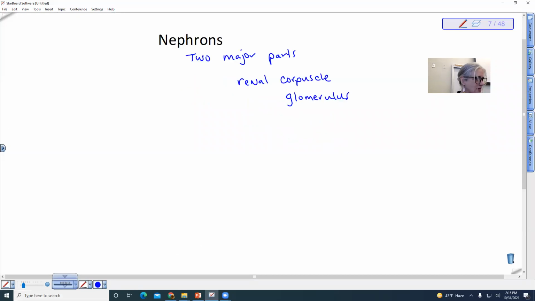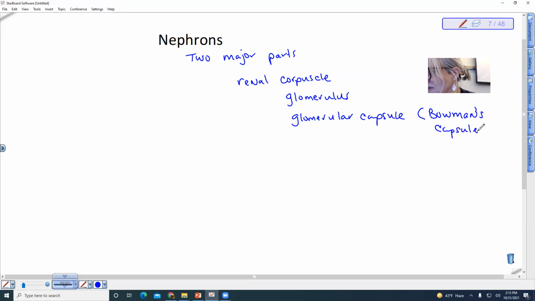Let me just check what your textbook uses. The glomerular capsule. So this is called the glomerular capsule. This is also the Bowman's capsule, named after the person that discovered it.